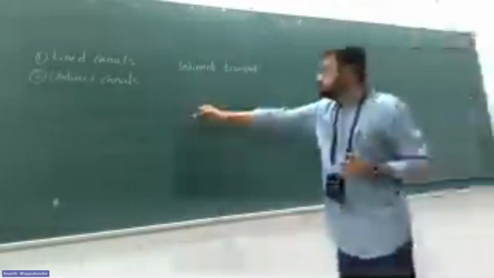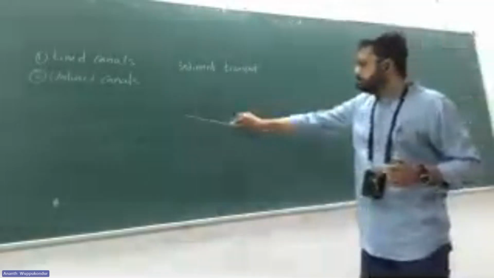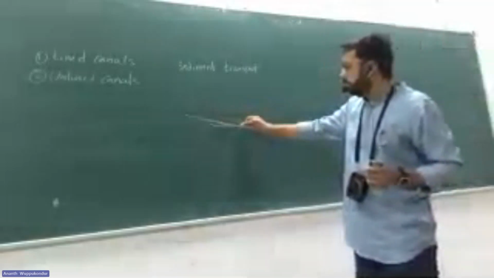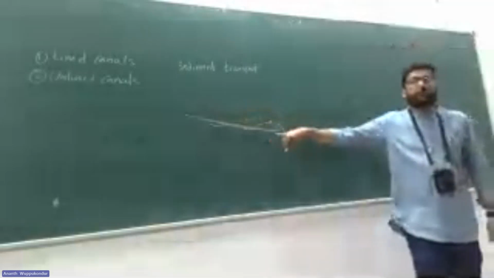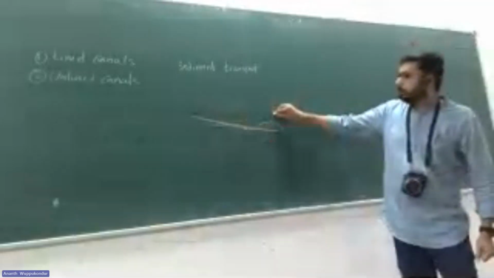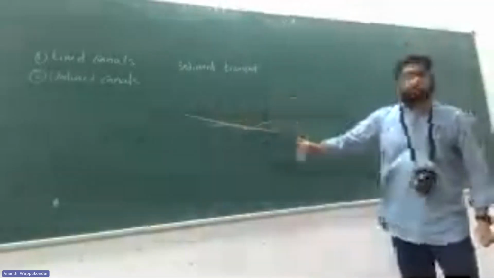So then what happens when it is deposited? So this was our original channel and there is erosion here, and then somewhere here there is deposition. So if there is a flood, then the depth in the channel has reduced. So there would be overtopping or inundation along the channel.